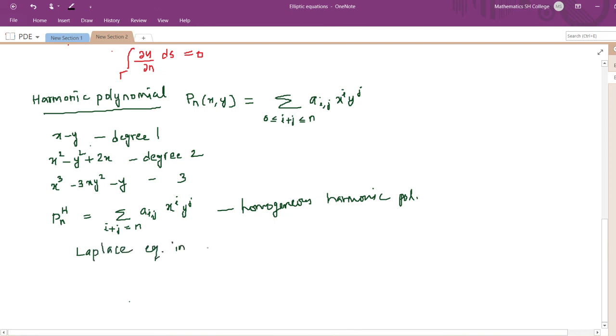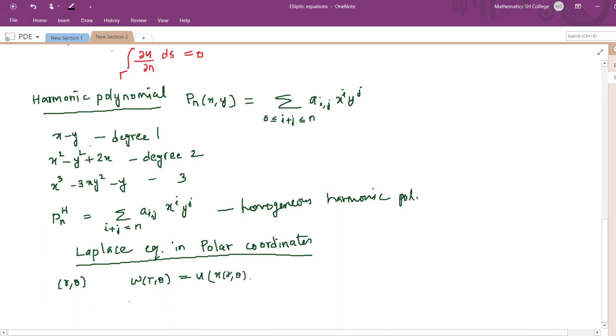We usually take r, θ to be the variables and the function w(r,θ). Here u is a function of x and y, and x and y are functions of r and θ.